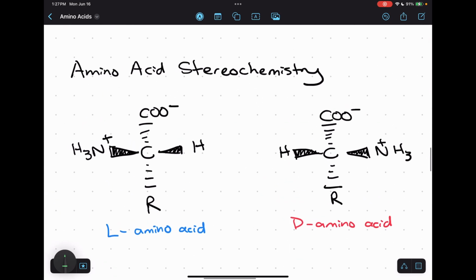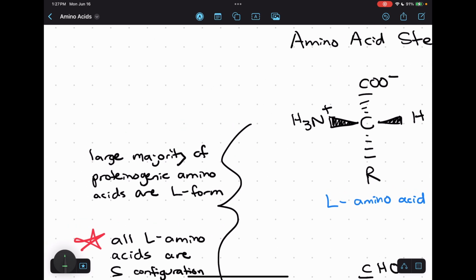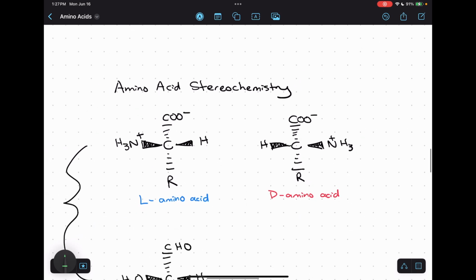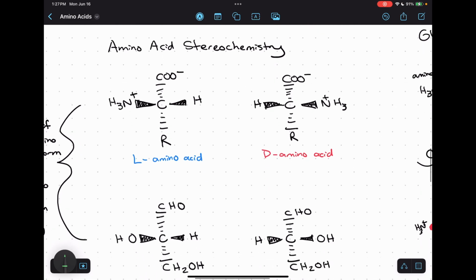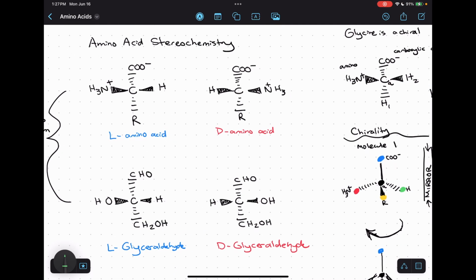And it turns out that when you have chiral molecules, you can notate them as being of the L form or the D form. Virtually all of the proteinogenic amino acids are of the L form. What does that mean? That is a sort of arbitrary notation based on the similarity of structures to two molecules, namely glyceraldehyde. So we have L-glyceraldehyde and then D-glyceraldehyde.